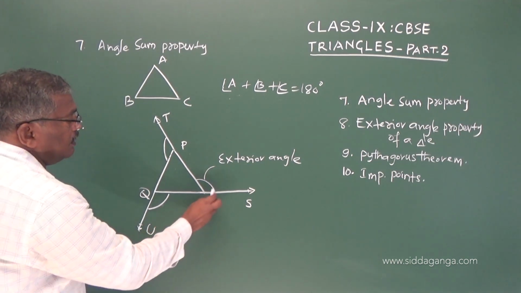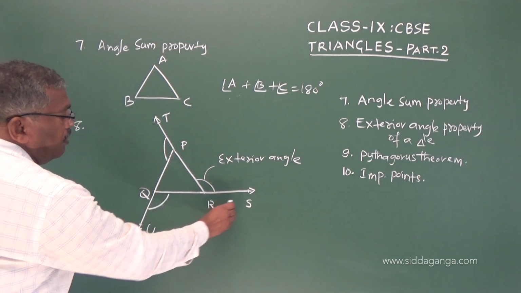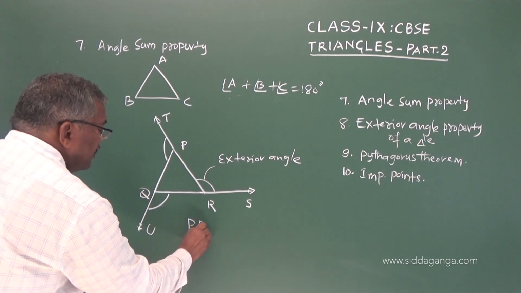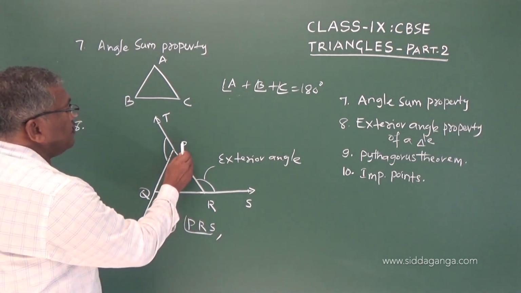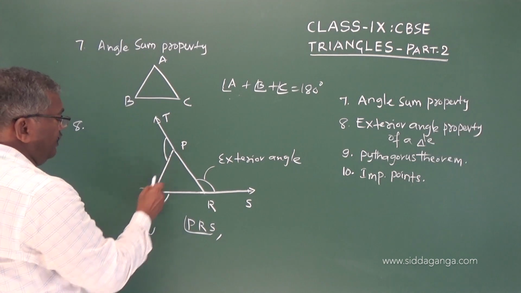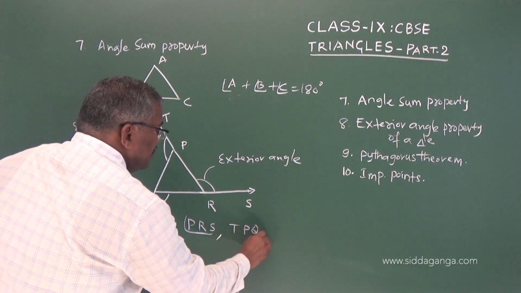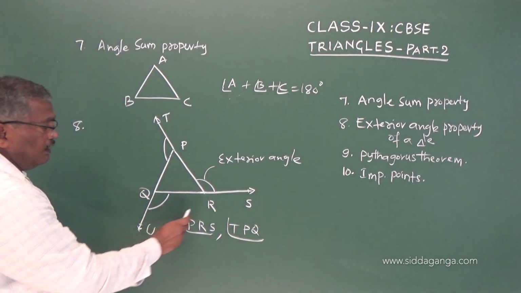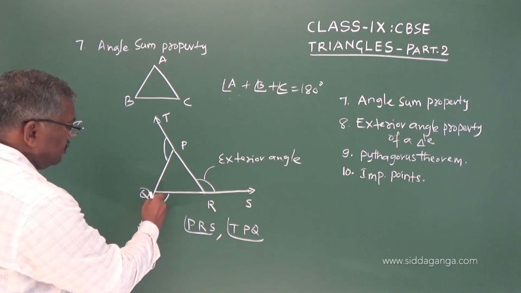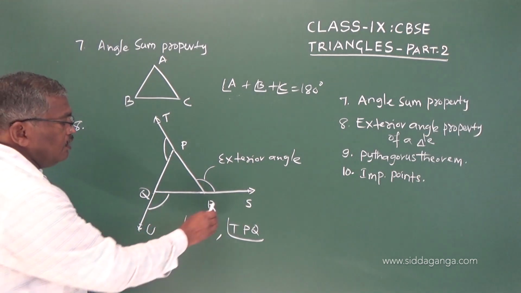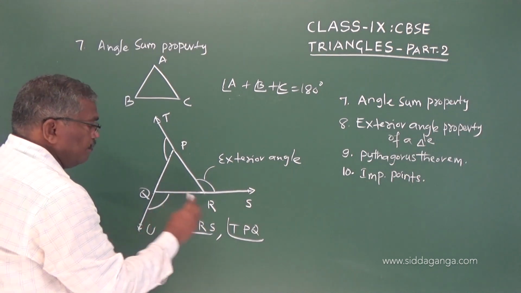Therefore, in this diagram, angle PRS, you can see here TPQ, this angle TPQ, and you can call this RQU or SQU. Both are the same. You can take reference from here or from here. RQU.